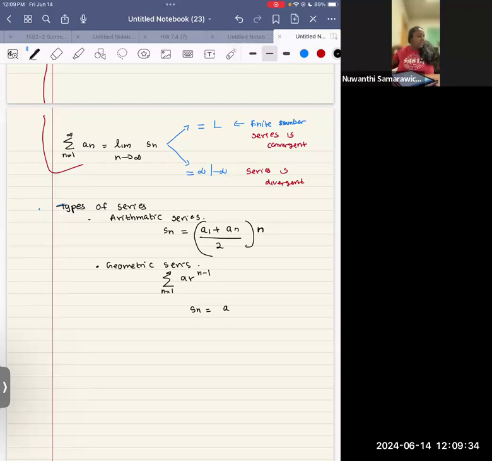Can you remember the partial sum of the geometric series? It's not coming to my mind right now. You will find it in yesterday's notes, where I gave the partial sum of the geometric series when r is less than 1.